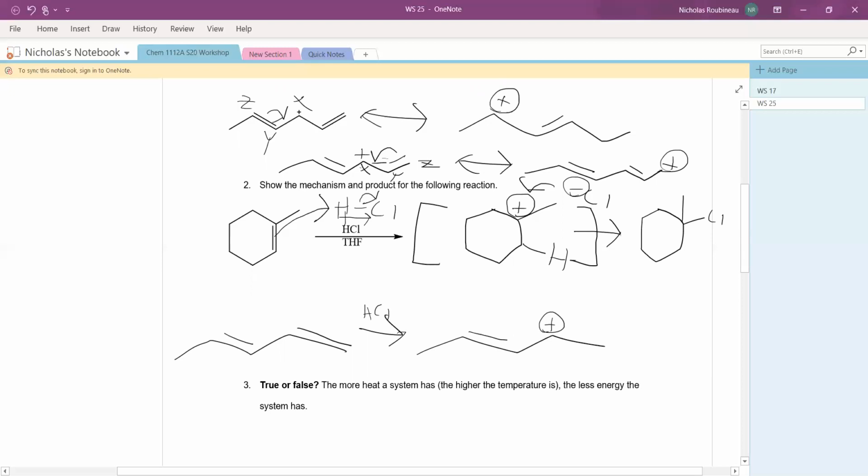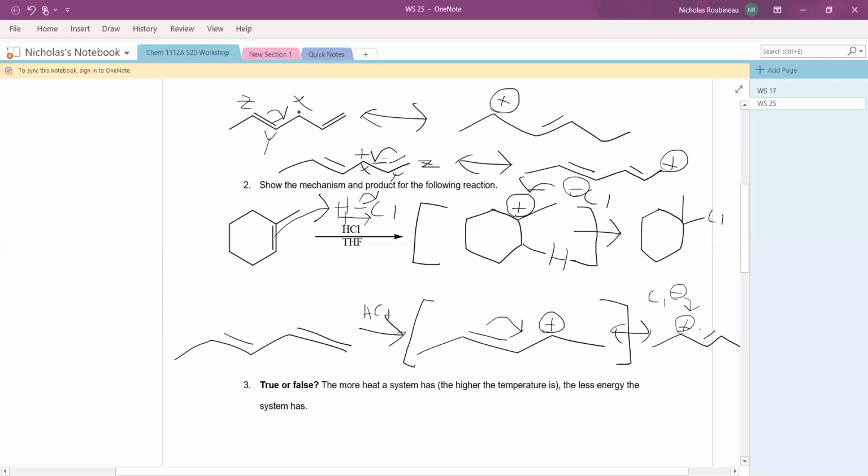And just like we talked about in the first question, when there's a cation right next to a double bond, there can be resonance. So this intermediate that forms has a resonance form, and then the cation goes over here. And then the chlorine can attack that.